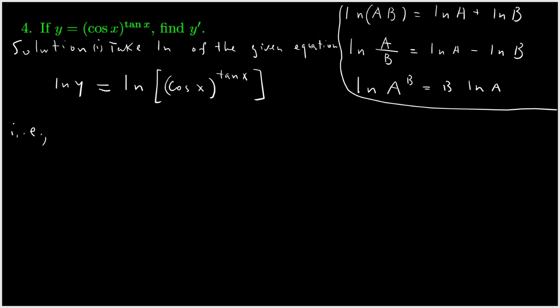I'm not differentiating yet. The left hand side I just copy. Now the right hand side is equal to, do you see your a is cos of x, your b is tan of x, and then you can convert. You use that identity. You can convert this form to the form of b times the natural log of a, right?